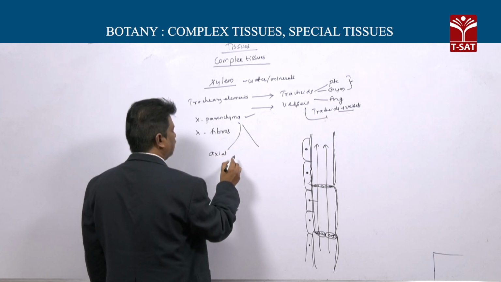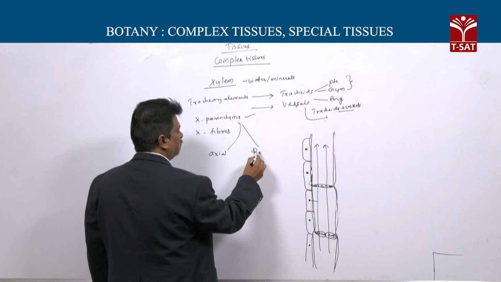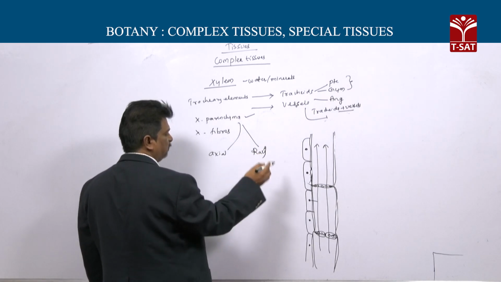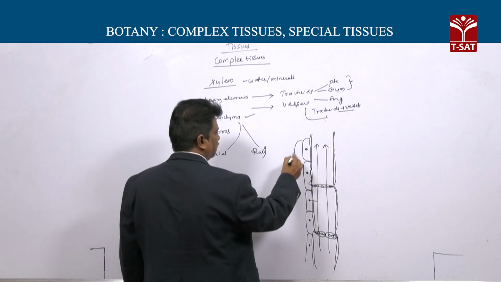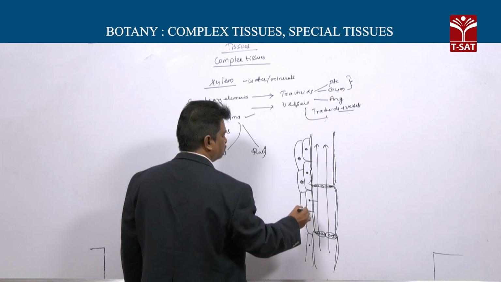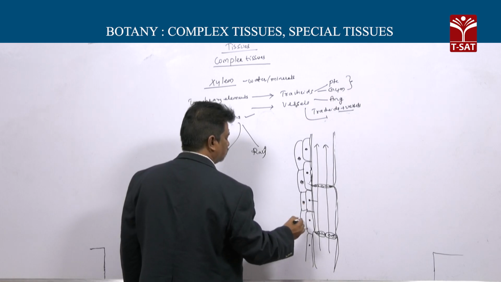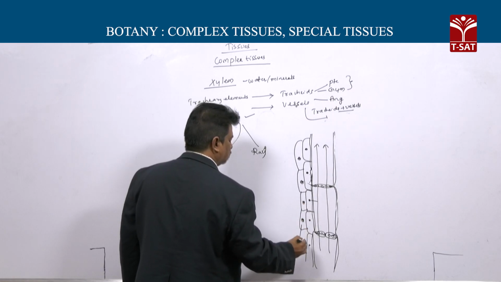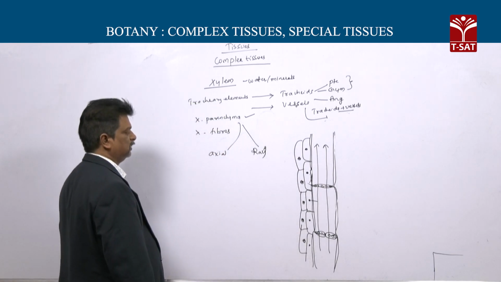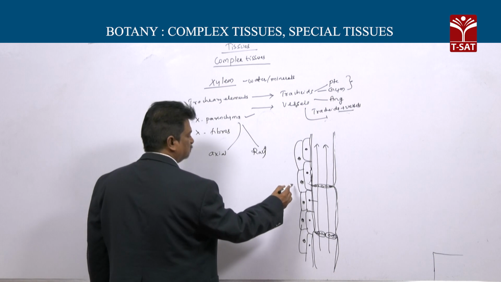One is axial parenchyma and the second one is ray parenchyma. Axial parenchyma is arranged in vertical rows along with vessels, and generally primary xylem contains axial parenchyma.